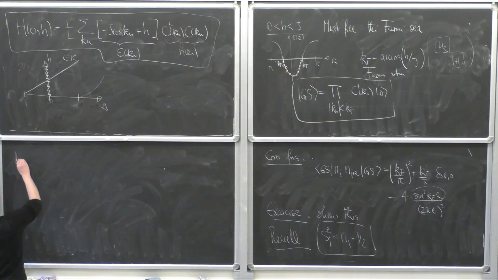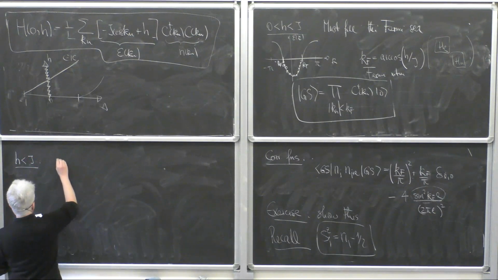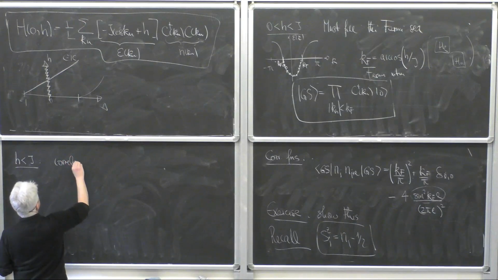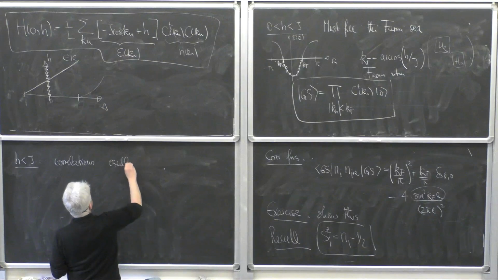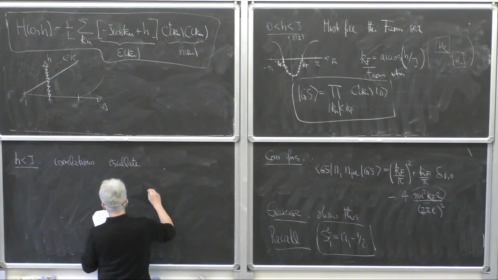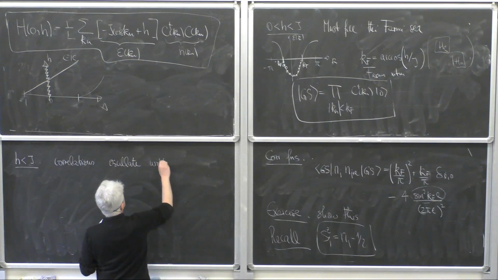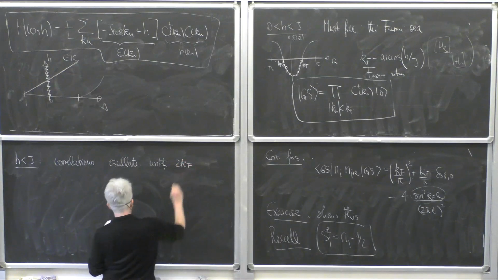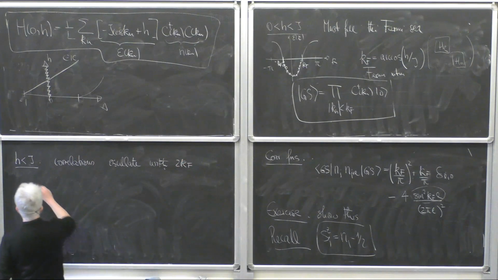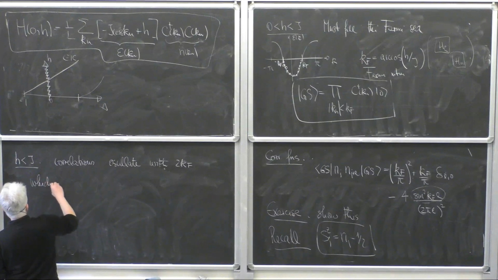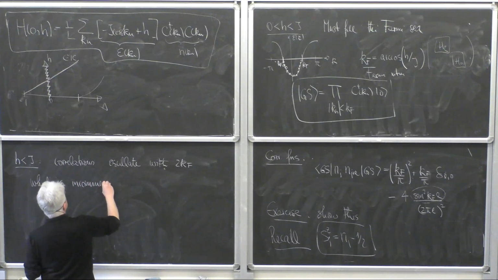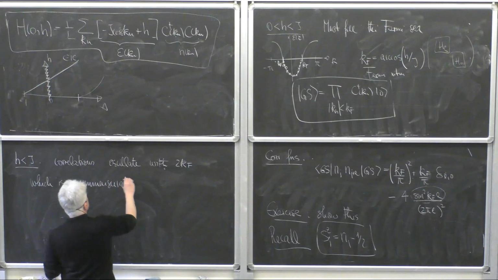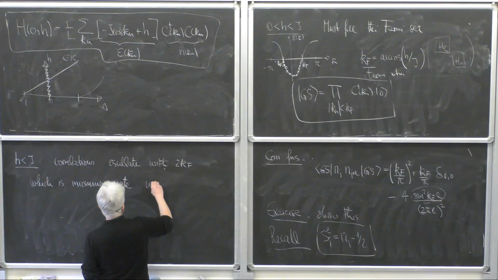Okay, so for h less than J, we have the correlations oscillate with 2kF, and so that in general is incommensurate with the underlying lattice.